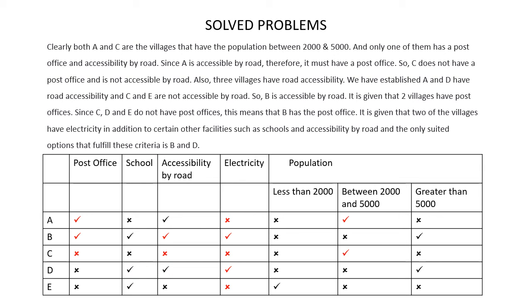So clearly, village B and village D are the ones that have electricity. So village A, village C and village E do not have electricity. So now this table is complete. And based on this completed table, let's answer the given questions.